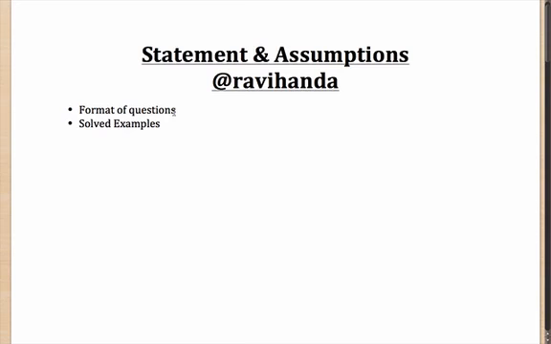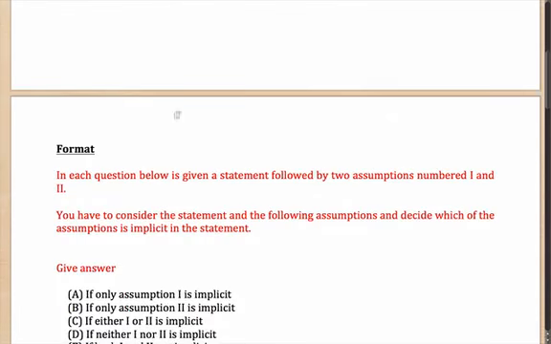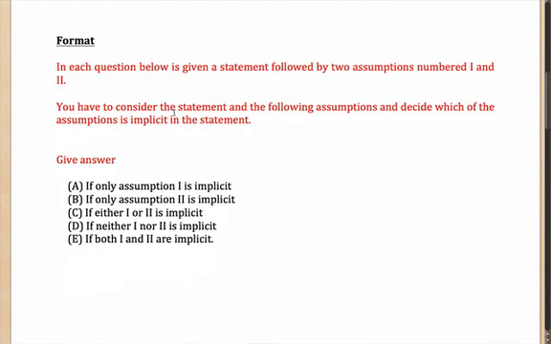So, to begin with, what exactly is the format of the question? Now, in statement and assumptions, in each question, you will be given a statement and it will be followed by two assumptions. Well, sometimes it is also three assumptions, but we'll primarily look at the case of two assumptions. They are numbered 1 and 2.